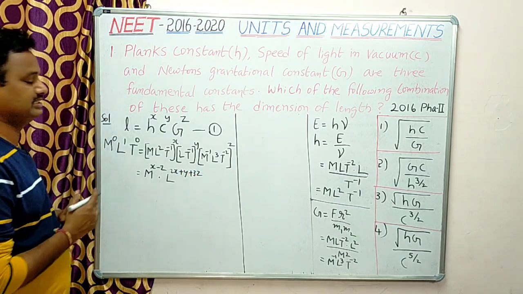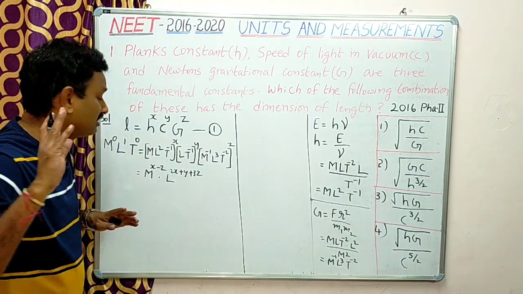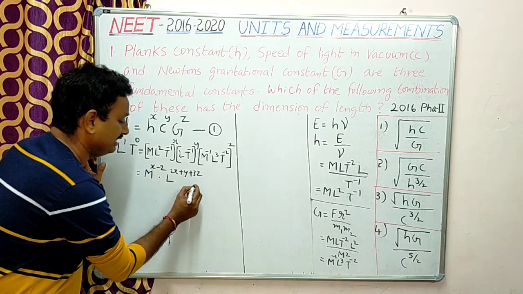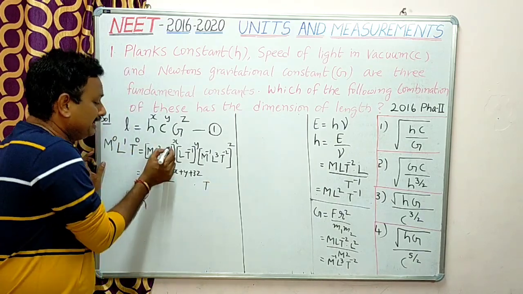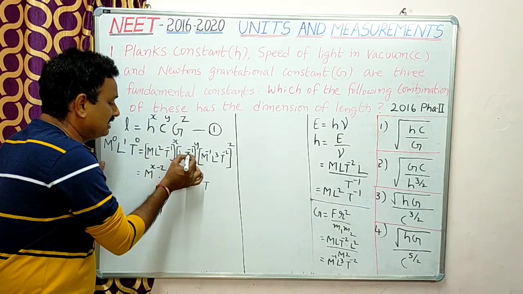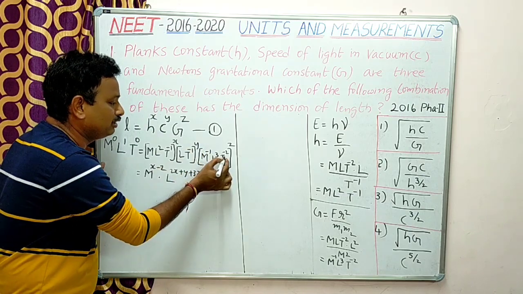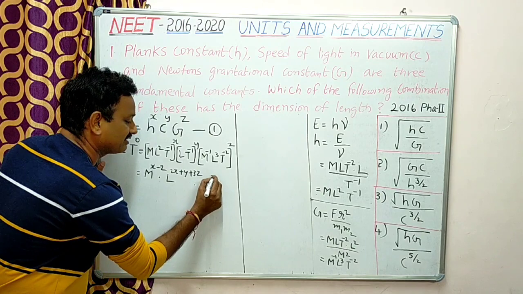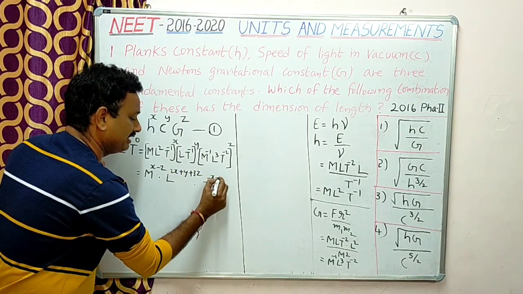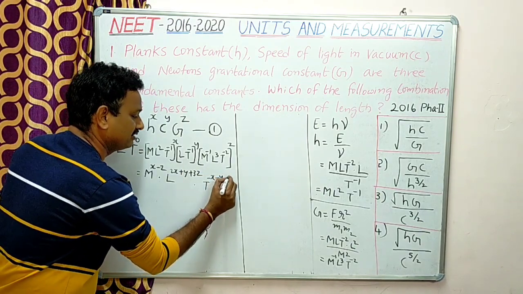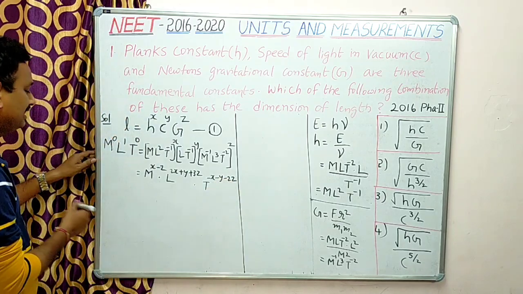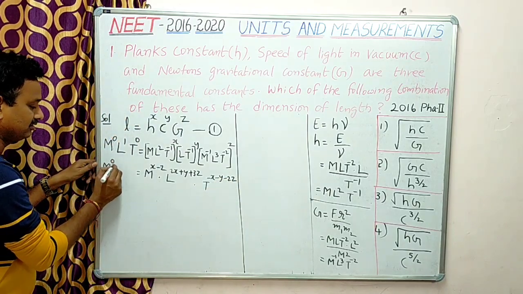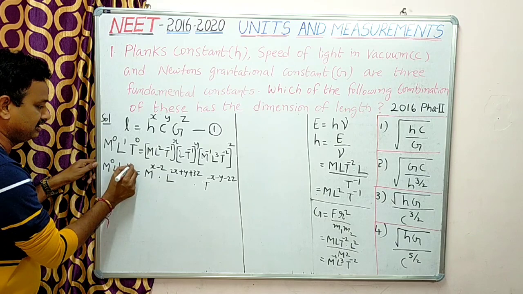Next in terms of t, that is t power minus x, t power minus y, and t power minus 2z. So I will get t power minus x minus y minus 2z. And in the LHS, m power 0, L power 1, t power 0.